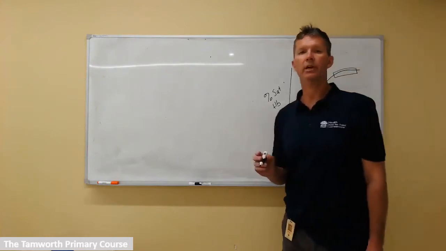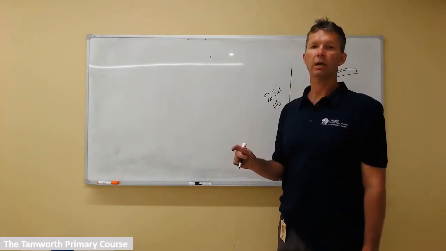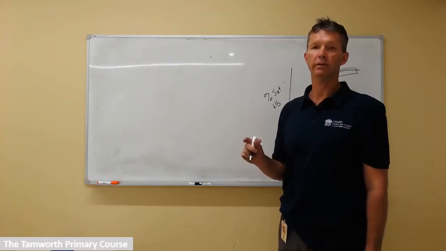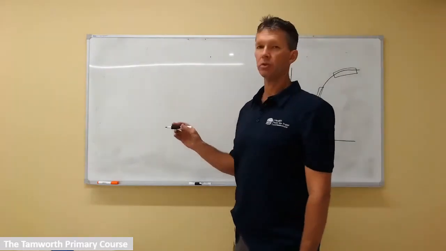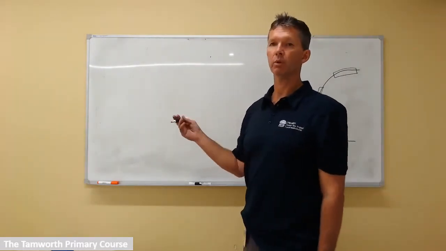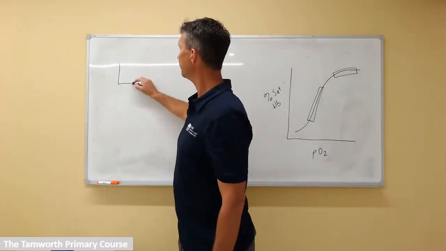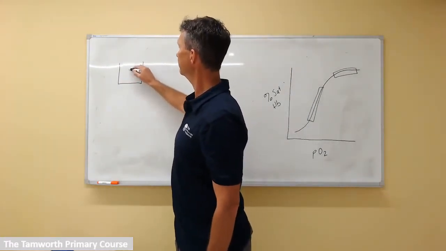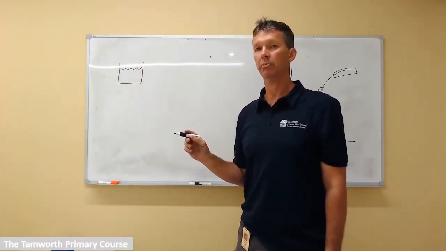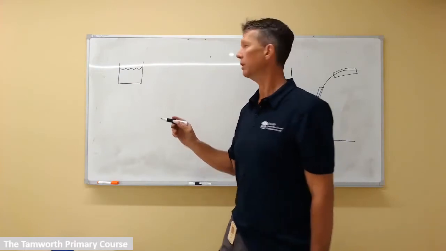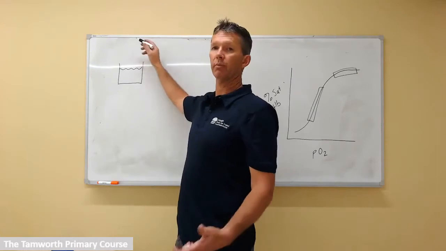To get to that stage though, we've got to understand where oxygen sits in the blood and why blood is advantageous for oxygen transport. To do that, we're going to start from scratch and build some blood. Essentially what we're talking about here is a pool of liquid, i.e. our blood, or more particularly the plasma portion of our blood, that is in exchange with a source of oxygen, the air.